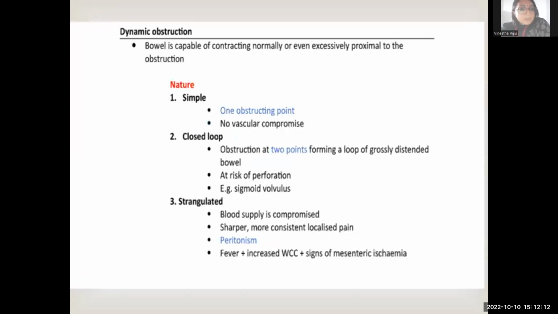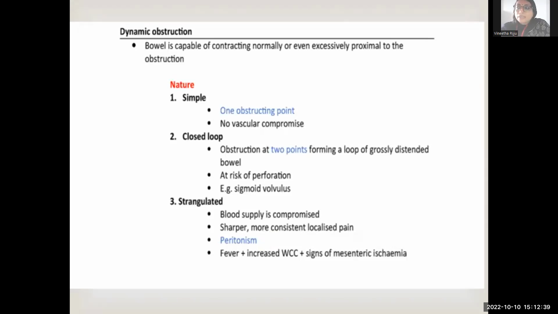Now, mechanical obstruction, that is the second entity, it can be further divided into simple, when there is only one obstructing point and there is no vascular compromise. See, what happens mostly is that, when there is a hernia and there is a strangulation that is happening, most often it happens that the blood supply is cut off from that point.